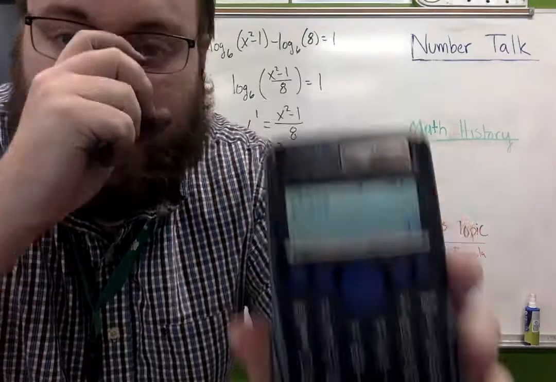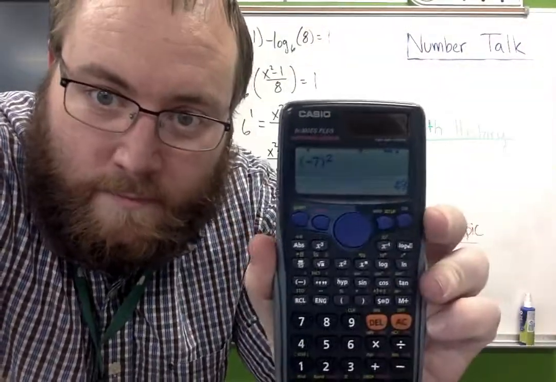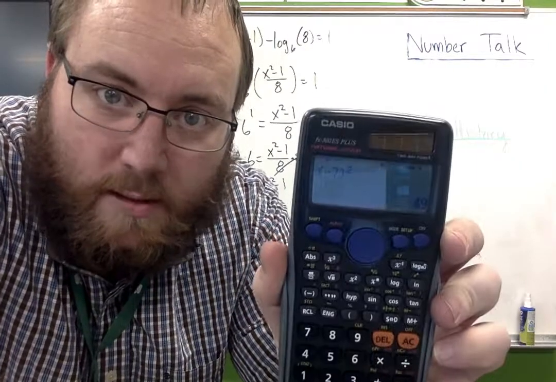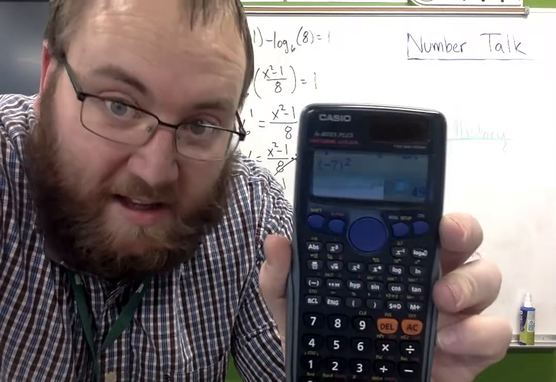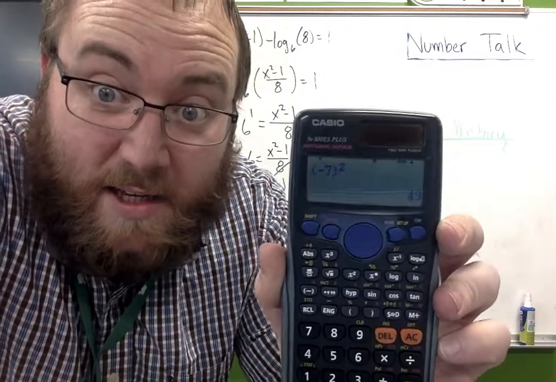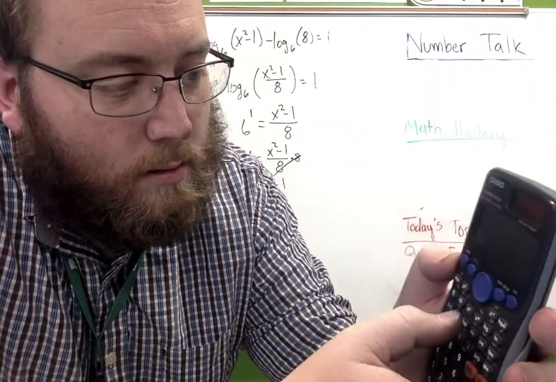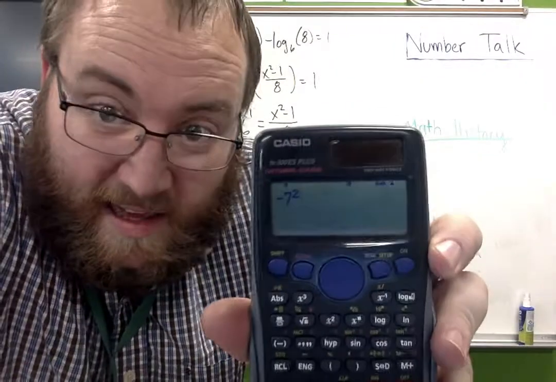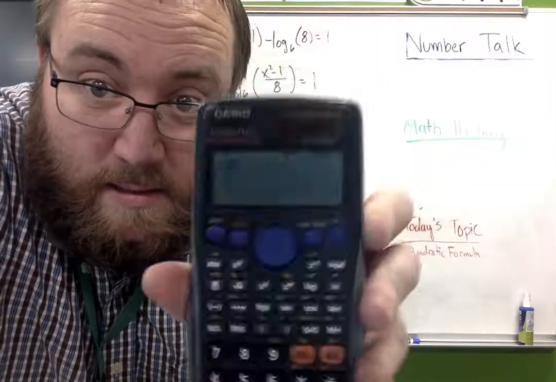All right? The reason for this is because you are more intelligent than the calculator. The calculator is an inanimate object. It does what it's told to do. So you need to act more intelligent than the calculator. It's going to do PEMDAS perfectly. So if you type it the other way, it's going to do its exponents before its minuses.